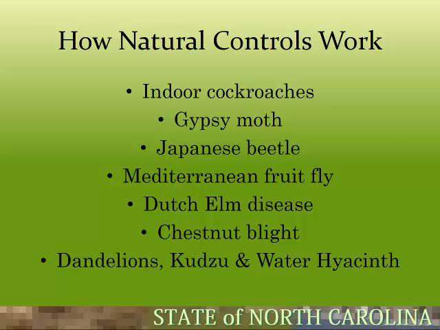There's actually more beetle species than any other animal in the animal kingdom, period. The Mediterranean fruit fly, Dutch elm disease, chestnut blight, dandelions, kudzu, and even your water hyacinth. So all of those were introduced pests from various resources.